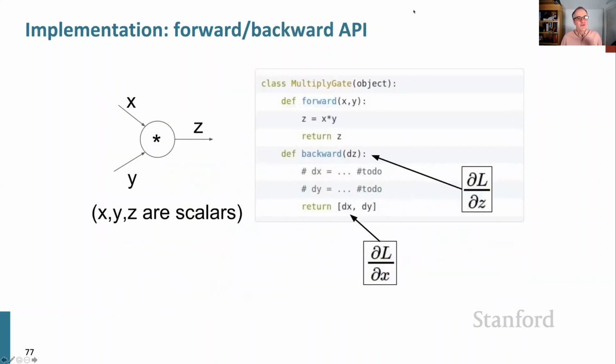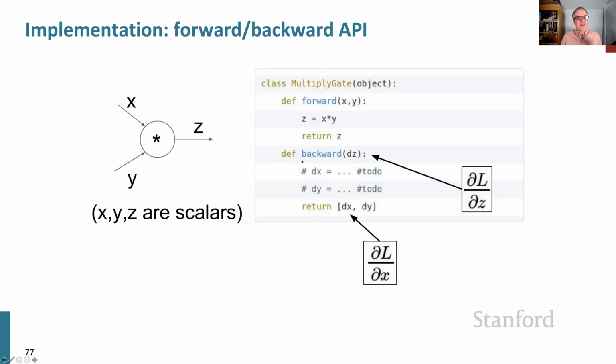And so what you want to do is then actually have stuff for particular nodes or layers in the graph. So if I have a multiply gate, it's going to have a forward algorithm, which just computes that the output is x times y in terms of the two inputs.